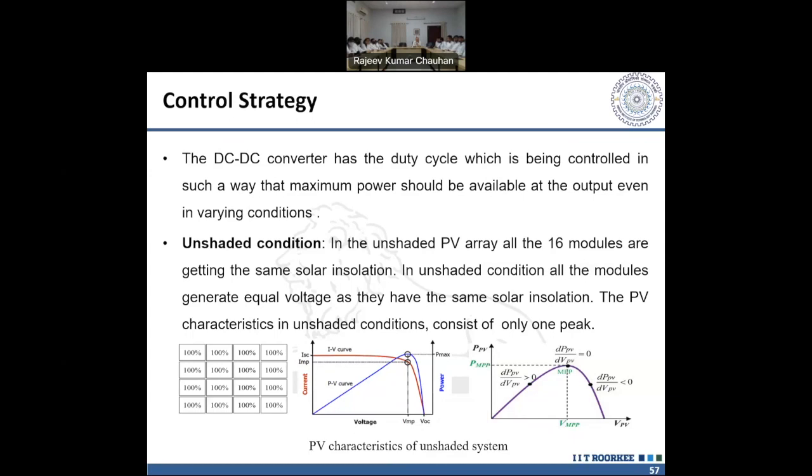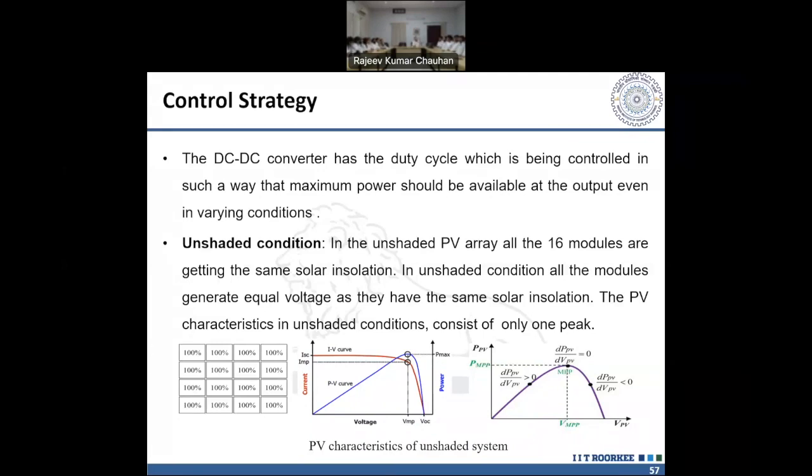So this is your power. At one particular voltage, your power is maximum. So this is the PV characteristic. My objective is that this voltage must be there to extract the maximum power from the solar panel.